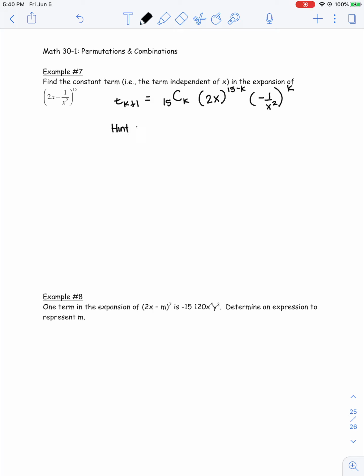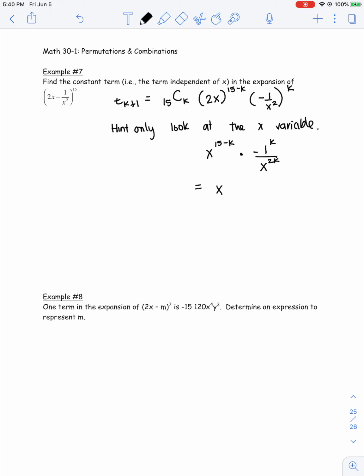So my hint to you is only look at the x variables. Anything with that x variable is what I want to combine. So I know that it's going to be x to the power of 15 minus k, and then I have to simplify it with negative 1 over x squared, which will distribute that k into the top and to the bottom.